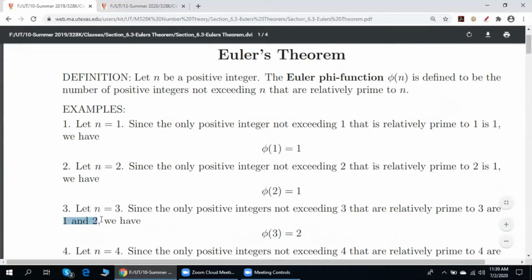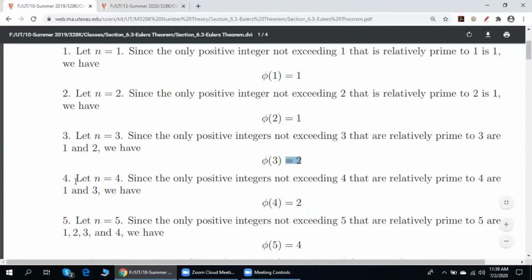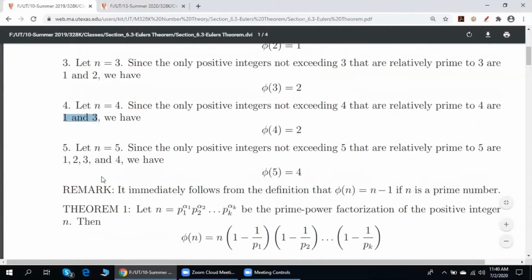So here we have two numbers. Phi of 3 is equal to 2. Let n is equal to 4. Since the only positive integers not exceeding 4 that are relatively prime to 4 are 1 and 3, phi of 4 is equal to 2, because here we have two numbers.